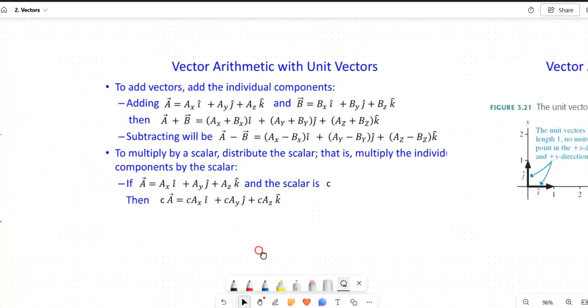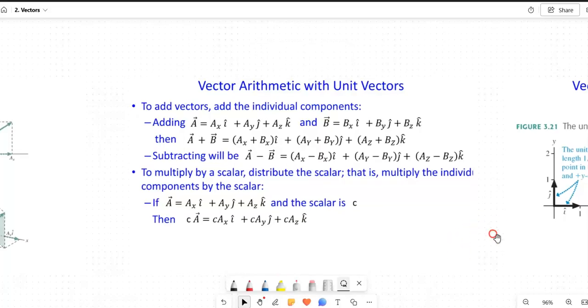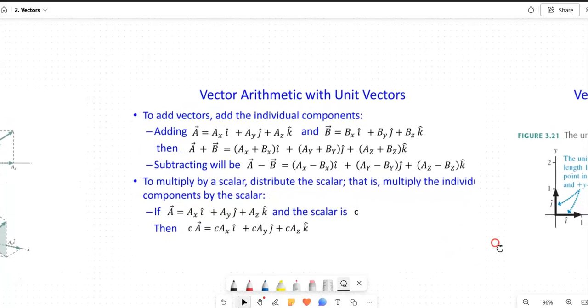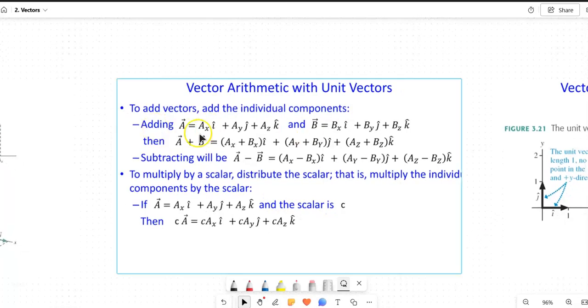Now if you have to add unit vectors together, suppose you had a vector A, which would be Ax i hat, Ay j hat, Az k hat, and vector B, which would be Bx i, By j, and Bz k.